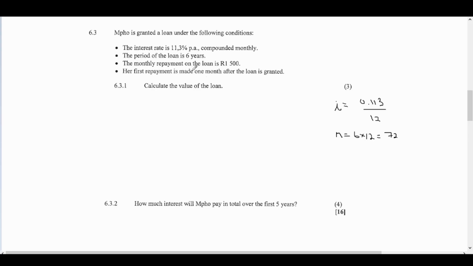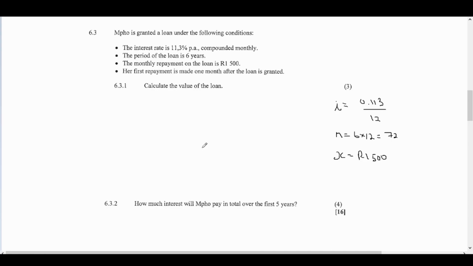The monthly repayment on the loan, so that means our x value, because he pays it continuously, is 1,500. And his first payment is made 1 month after the loan is granted.